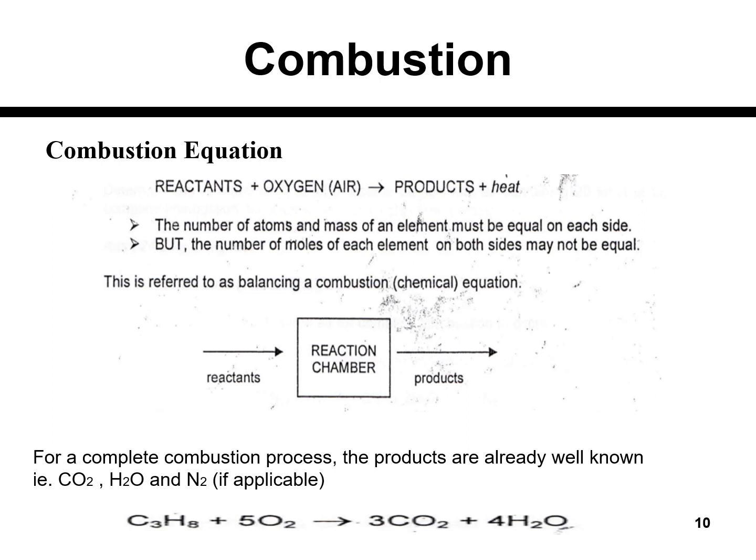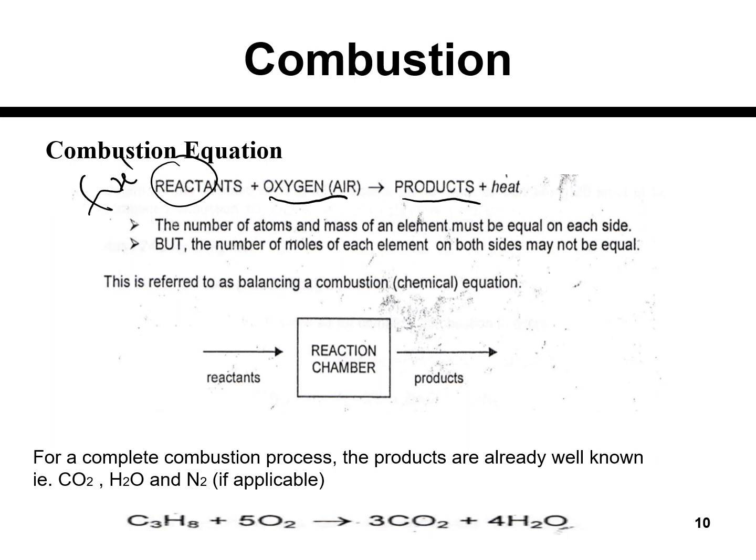Another important aspect in the combustion analysis is that it contains the reactant, which comes from the fuel, plus the oxidizer, which is oxygen from the air, and then it produces the product plus heat.